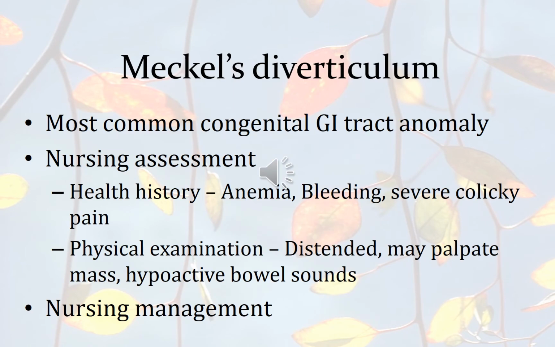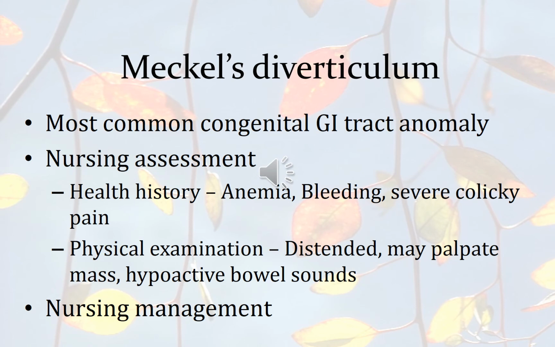Meckel's diverticulum is the most common congenital GI tract anomaly. And with Meckel's diverticulum, just think of any of your adult patients that have had diverticulitis. Extremely painful, so you can just imagine how uncomfortable these kids are, especially if it's inflamed.